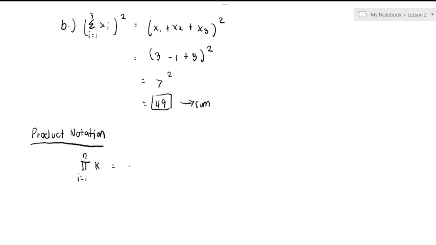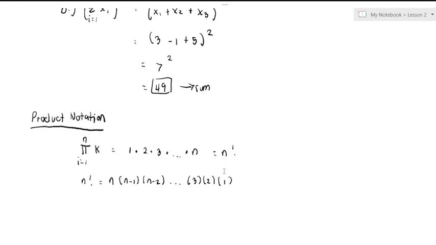So this is equal to 1 times 2 times 3 up to n. And as you can see, this is the same as n factorial. Okay? Because n factorial is defined as n times n minus 1. Kung maaalala natin, when we say n factorial, this is n minus 1, n minus 2, dot, up to 3, 2, 1. So, pababa lang yung kay n factorial. Okay?